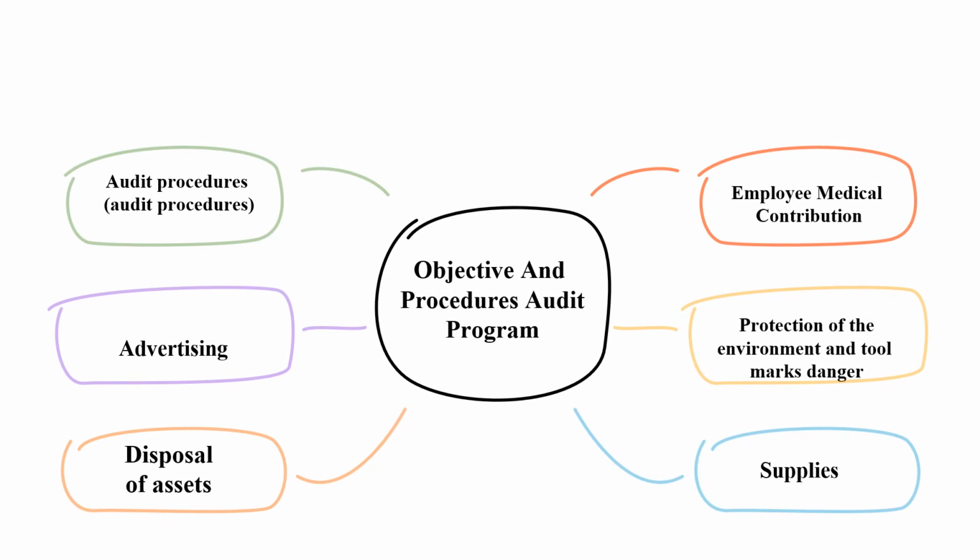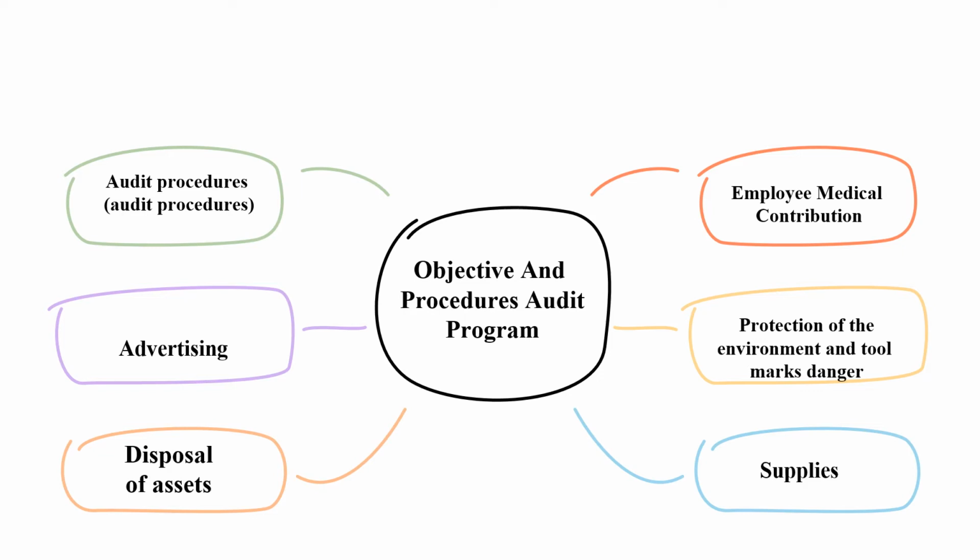7. Audit procedures. Audit procedures are techniques the auditor uses to determine whether the operating objectives have been achieved. 8. Advertising. Advertising is usually associated with advertising agencies. 9. Disposal of assets.